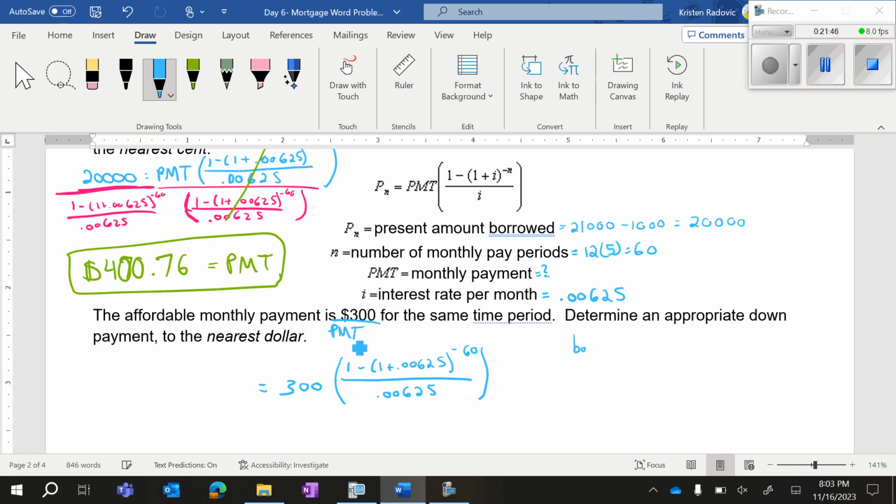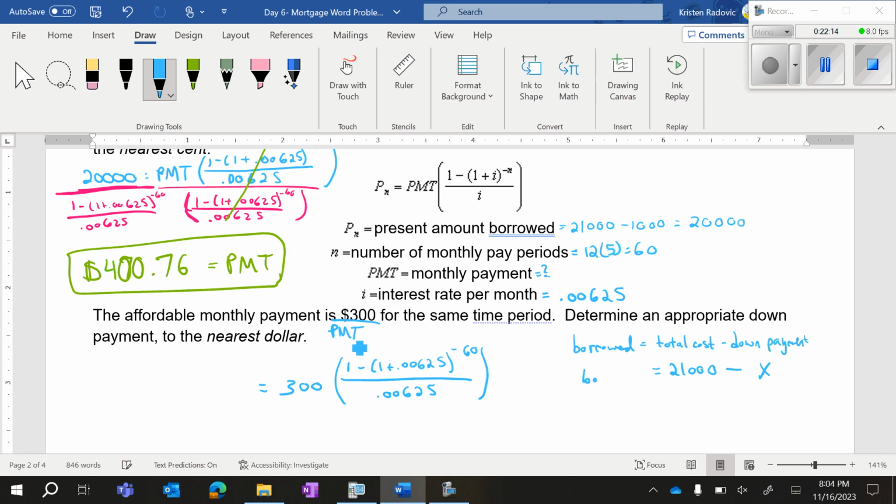That's what we're trying to find. Our total cost of this car was $21,000. So the amount borrowed is 21,000 minus X, and the amount borrowed is what we're equal to. So we have 21,000 minus X.